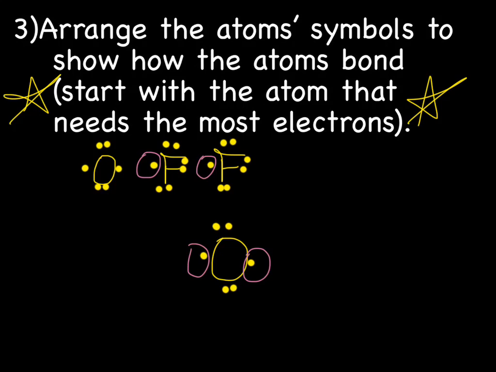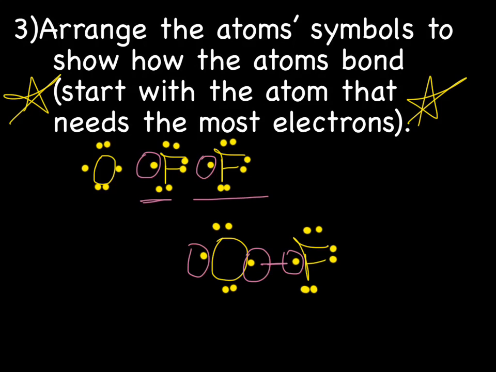What if I were to take this fluorine right here, pick him up, and move him down next to the oxygen? Can they share these 2 electrons there? Yeah, totally.